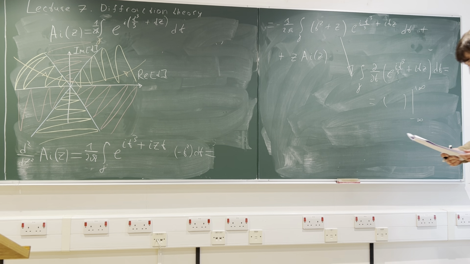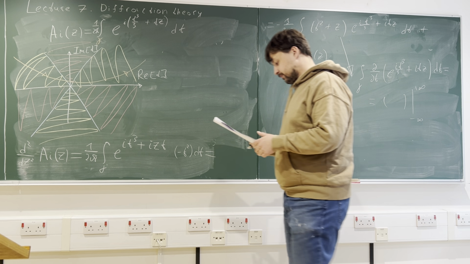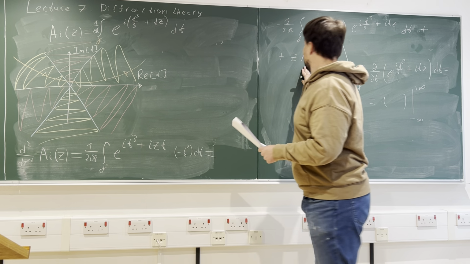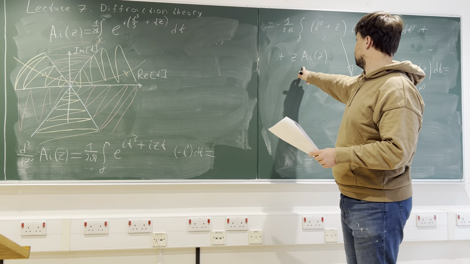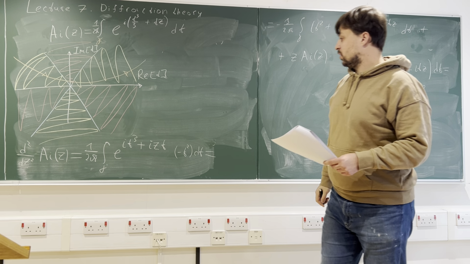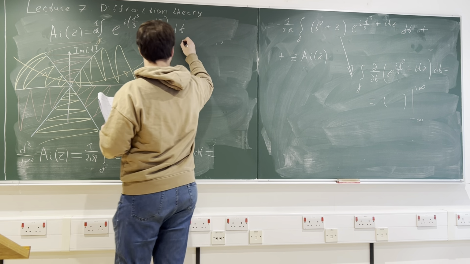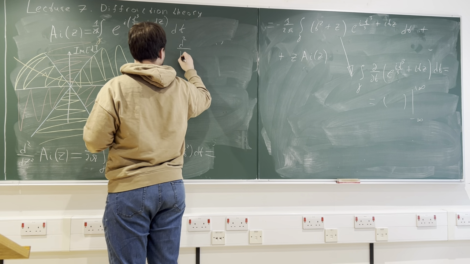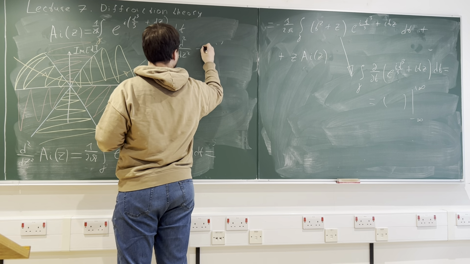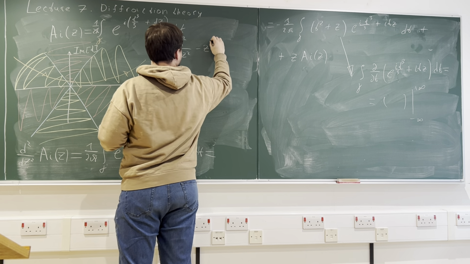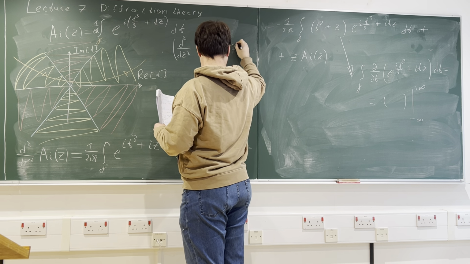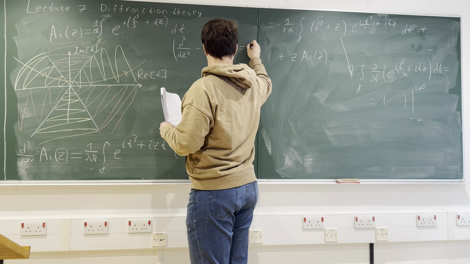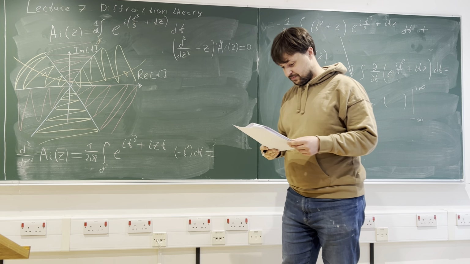Fine? Good. And we just solve. Second derivative is equal to this, so we have proved that this thing is a solution to the Airy equation.